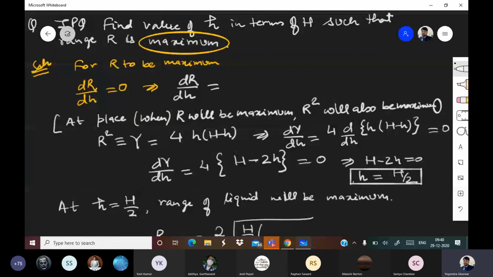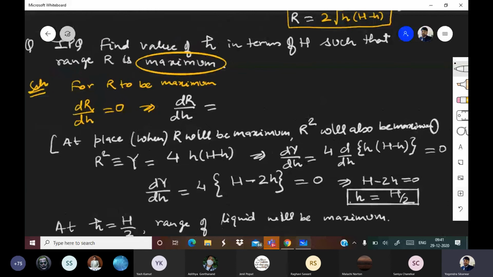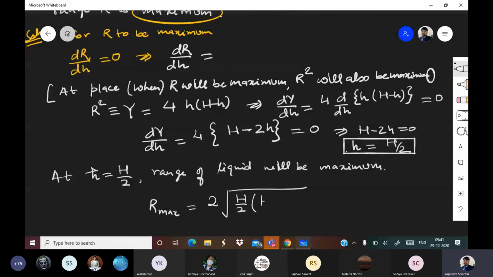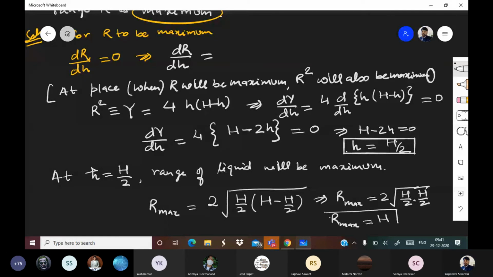So R max is equal to 2 into under root of H by 2 into H by 2. So R max comes out to be H. Answer.